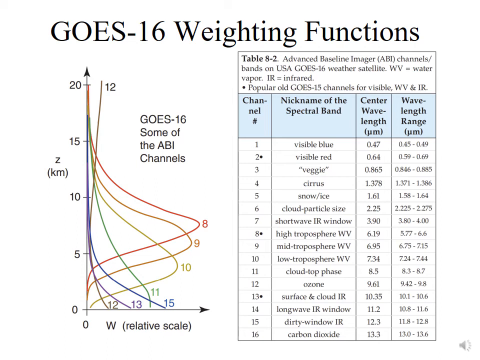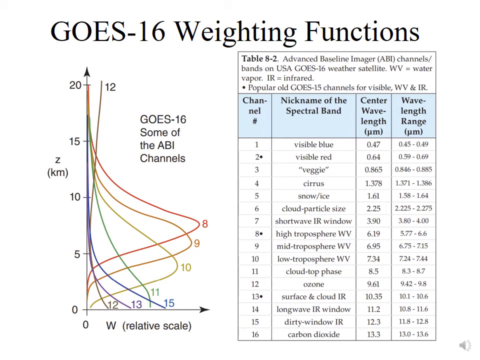Over on the left, we have the weighting functions for several of these channels, and they indicate where the transmittance is changing rapidly in the Earth's atmosphere. Channel 8, which is centered at 6.19 micrometers, is sensitive to water vapor, because water vapor has some absorption in that wavelength range.